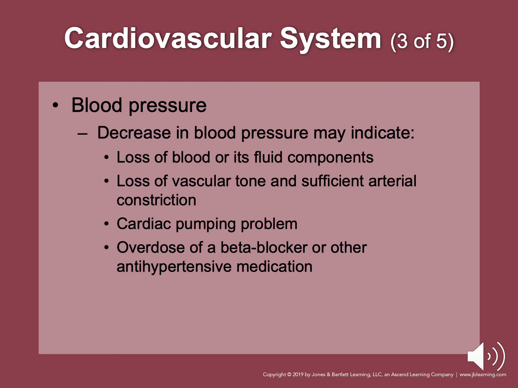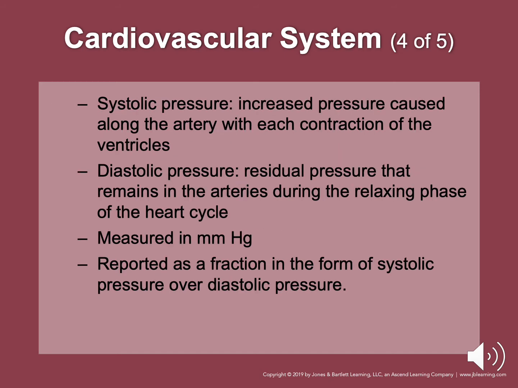Blood pressure is measured in millimeters of mercury and is reported as a fraction in the form of the systolic pressure over the diastolic pressure. Avoid taking blood pressure on an arm if the patient has an IV site, central line catheter, port, a dialysis fistula or shunt, has had a mastectomy, or even an injury to that arm.